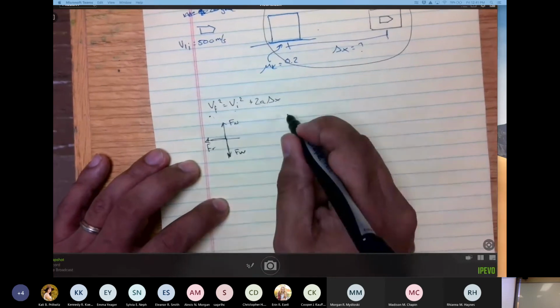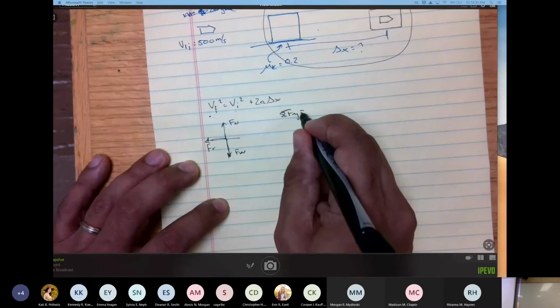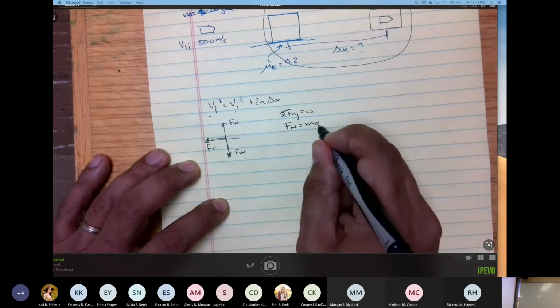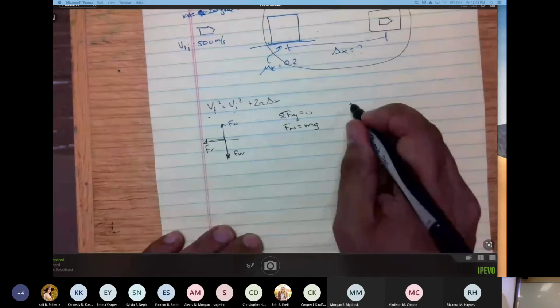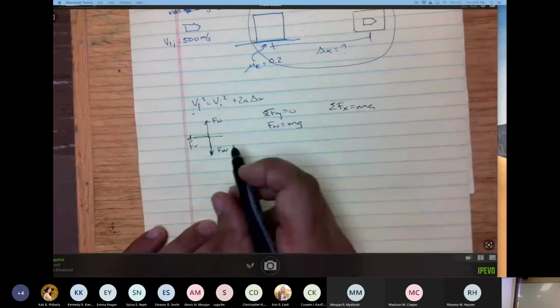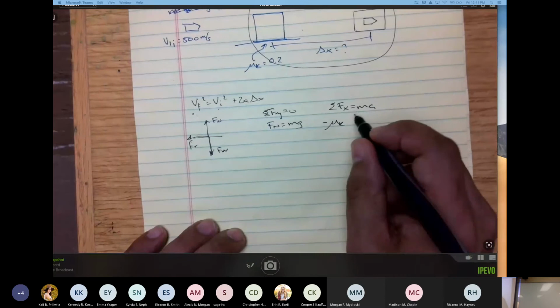From the sum of forces in Y, the normal force is equal to mass times gravity. From the sum of forces in X equals mass times acceleration, I have minus mu k m g equals m a.